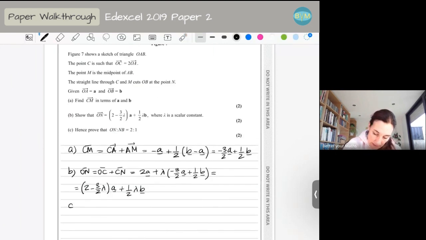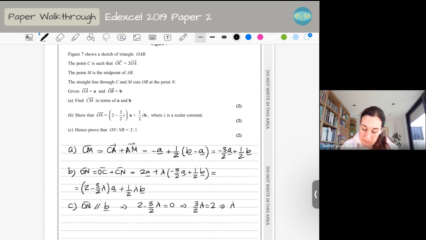So for this part, as ON is parallel to B, really the A component is going to be 0. So the 2 minus 3/2 of lambda is going to be 0, which means 3/2 lambda is 2, which means lambda is 4/3.